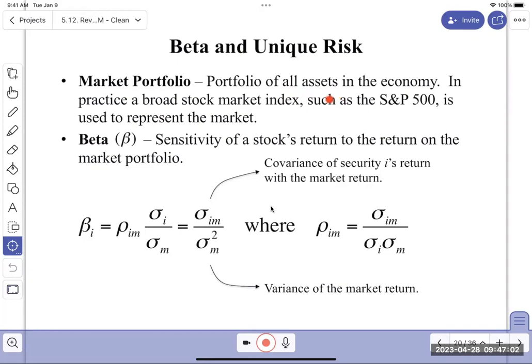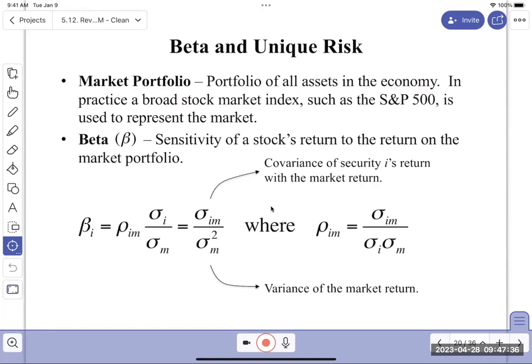So for company A, if they are a large company and the value of their stock represents 2% of all the value in the stock market, then their weight would be the 2%, like 0.02. And that would go into an index with other assets to make the expected return and the standard deviation of that market portfolio.